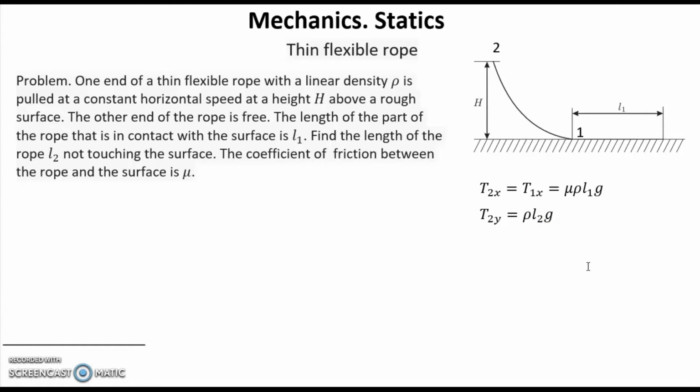And the final thing, which is very helpful in such kind of problems, I can show you by this picture. Suppose that we have a rope which is attached by two ends to two walls, one end and other end, and the height difference between these two ends is h.